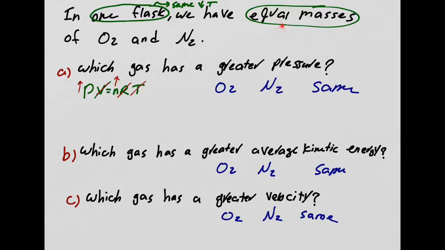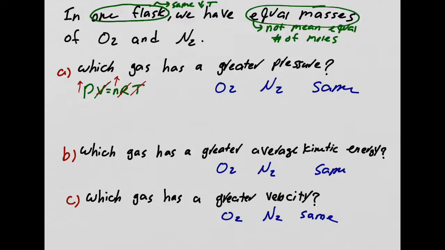Now when I come over here, it says they have equal masses. Now I need you to understand that equal masses does not mean equal number of moles, because O2 and N2 have different molecular weights.